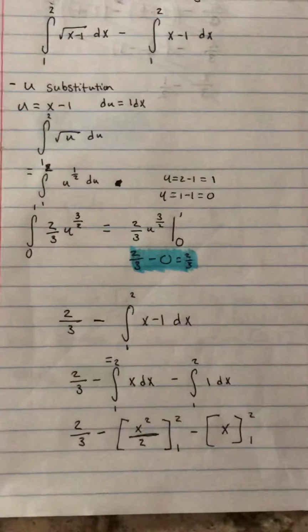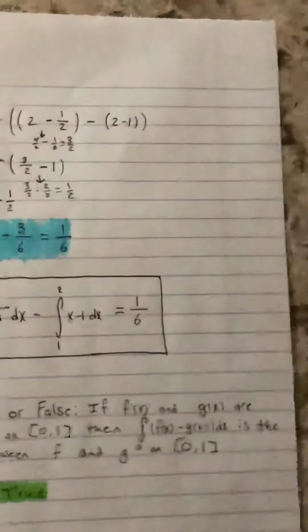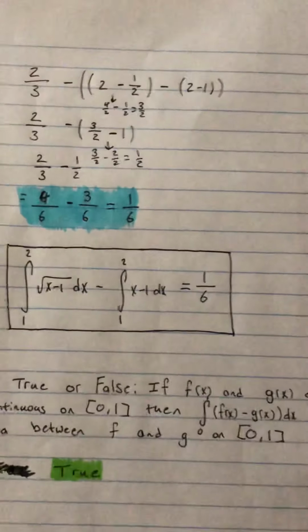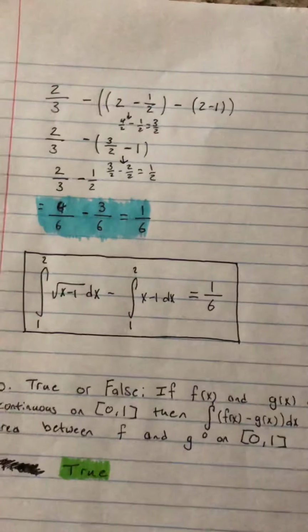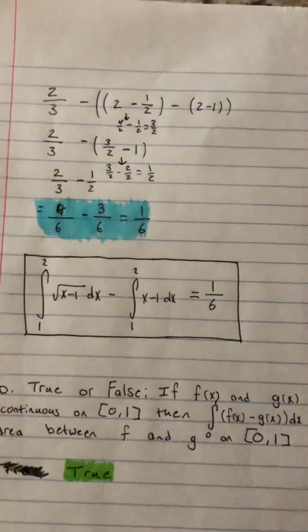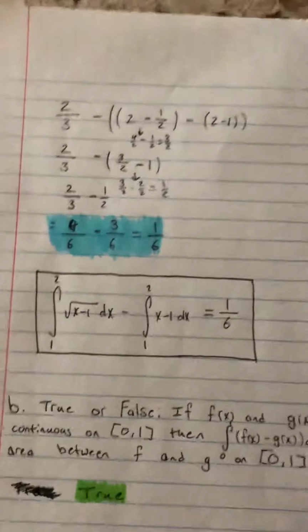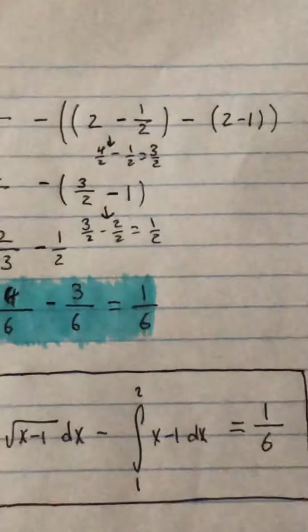So then you evaluate it from 1 to 2 for both values, which you can see on this next page. So from there, I rewrote it as 2/3 minus the quantity of 2 minus 1/2, minus the quantity of 2 minus 1. So for finding 2 minus 1/2, you have to find common denominators, which is just over 2.